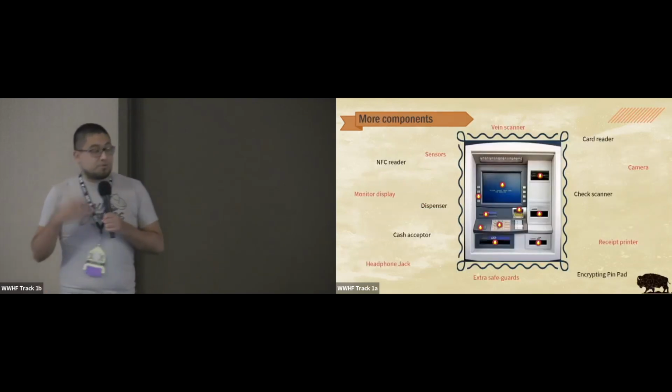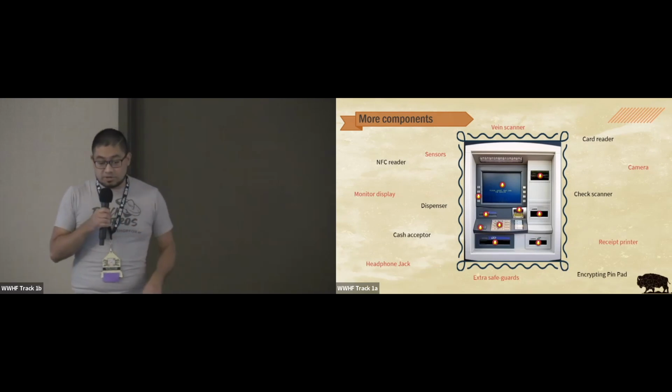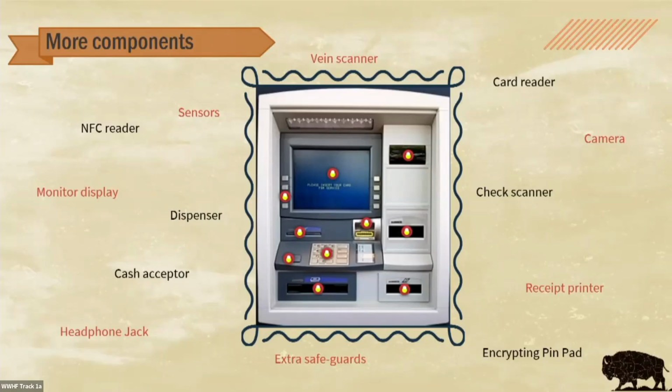But we have more components than that. For example, we have some ATMs with a vein scanner, with QR code readers, with a cash acceptor, an NFC reader, a camera, a receipt printer, the EPP, the encrypting pin pad.